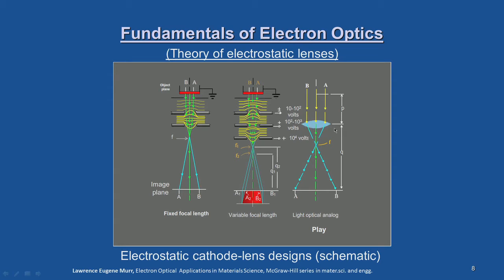Instead of this refractive medium, in an electron optical system you have electrostatic lenses. So, I hope this schematic gives you a nice comparison between the light optical system and the electron optical system, where the electrostatic lenses are used or the cathode lens designs are adopted.